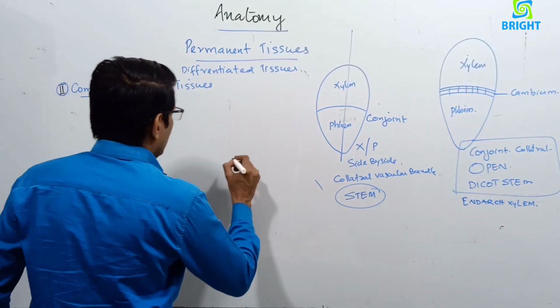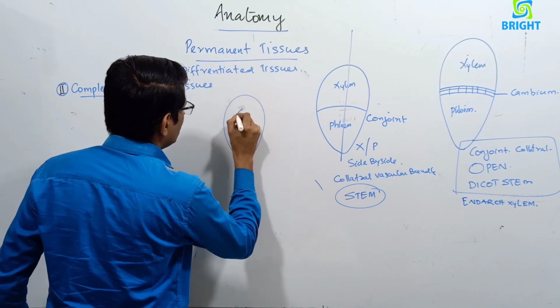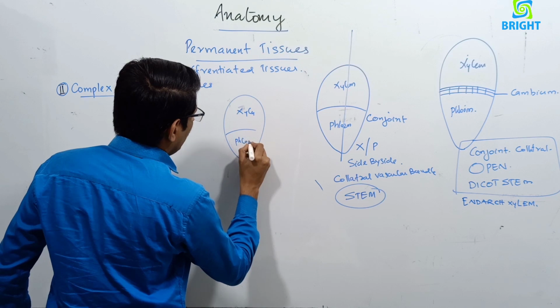And when it is a vascular bundle, here xylem is present, and in the lower part phloem is present.